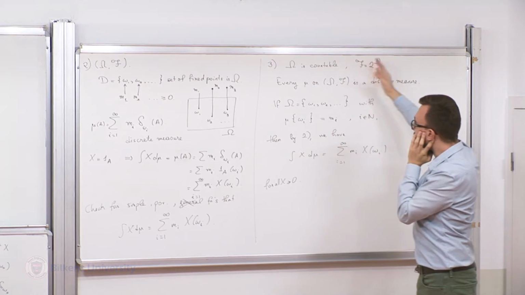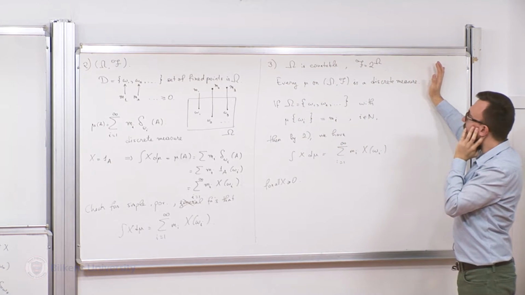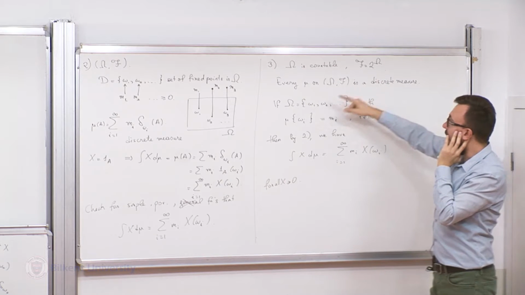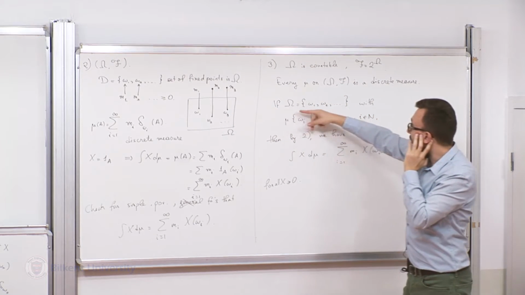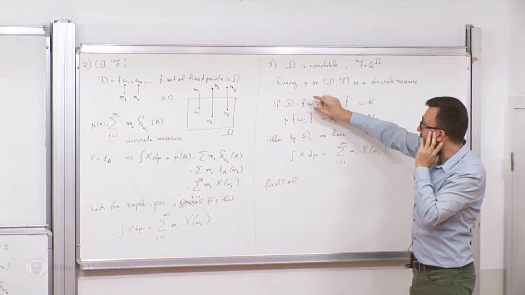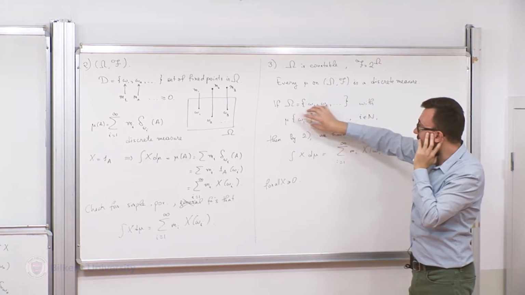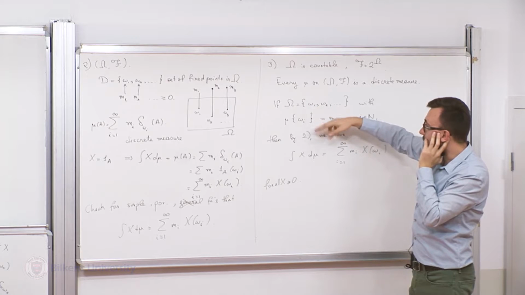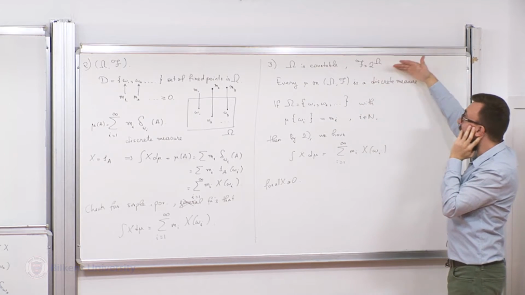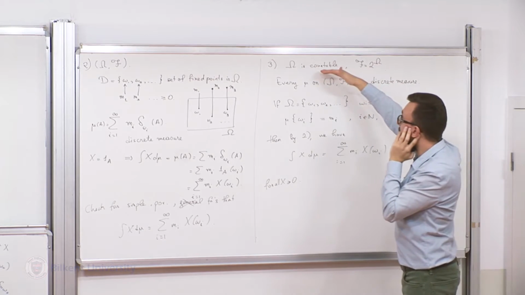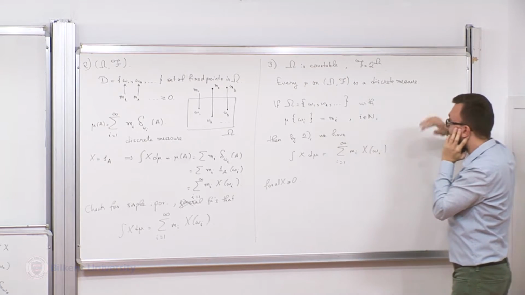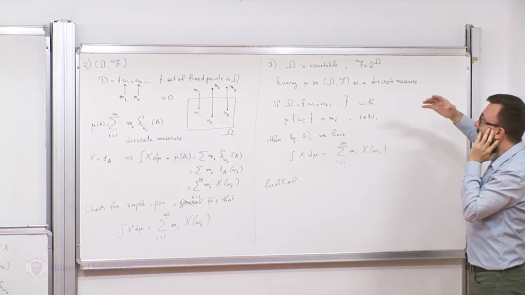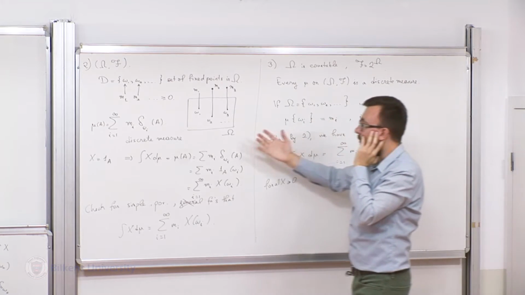Here you have just a countable set. Therefore, you can see every point as a fixed point, like here. And the probability or the measure assigned to this singleton is like a mass assigned to this point. So every measure on such a space, a countable set omega, is a discrete measure of this form.